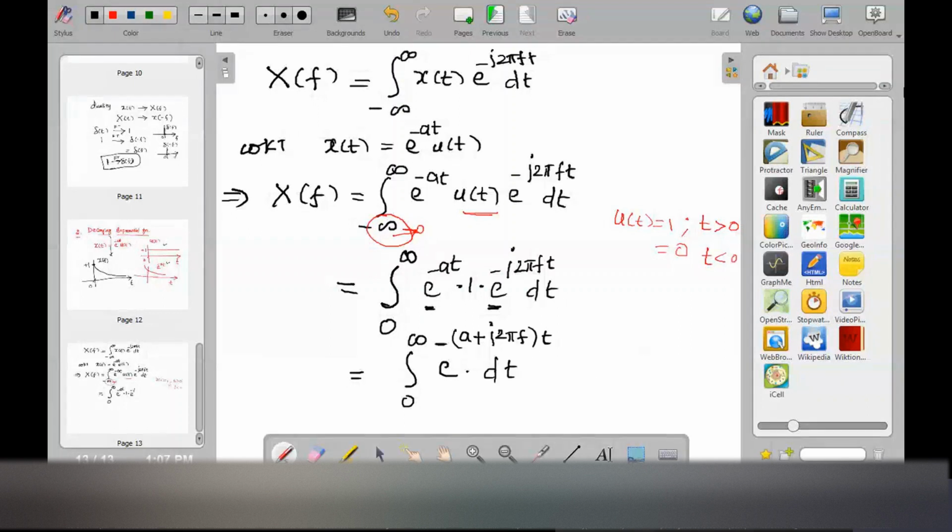Any doubt till this? Just to note it. Can I go to the next slide?